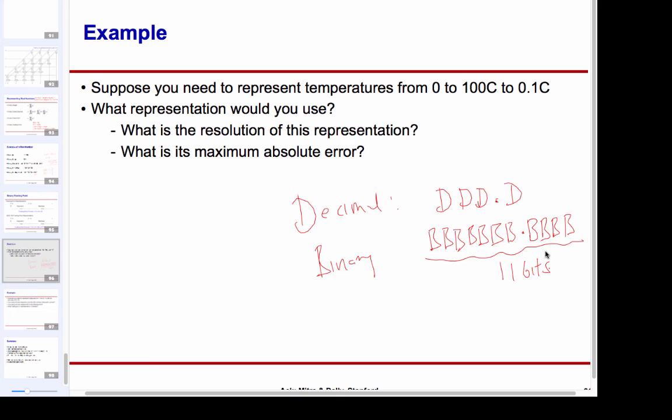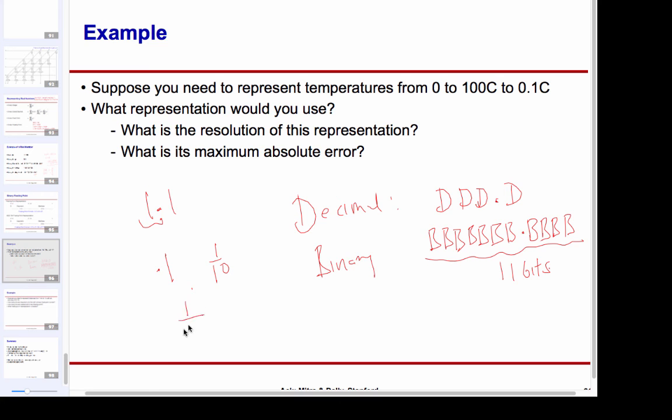Now, what kind of error am I going to see? Let's say I want to represent the temperature 1.1 degrees. The integer part I can certainly represent accurately in my 7 bits to the left of the fraction point. What about 0.1? Can I represent 0.1 precisely? Let's try. 0.1 is 1 over 10.